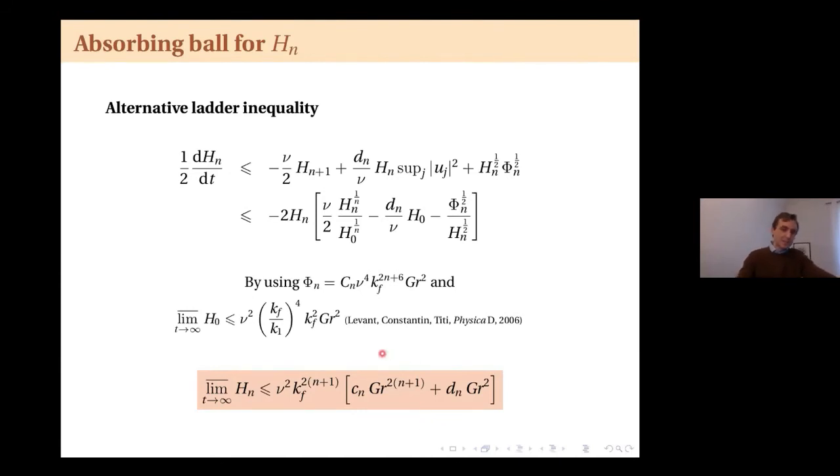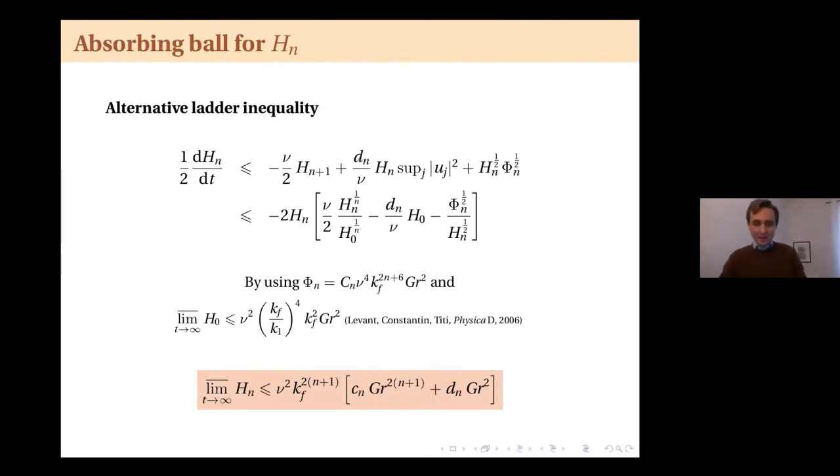The existence of an absorbing set for these quantities was shown already in this paper by Levant, Konstantin, and Titi. What we were able to do by using this alternative ladder inequality is to estimate the radius of this absorbing set, which is therefore not only a time averaged estimate, but also a pointwise one.